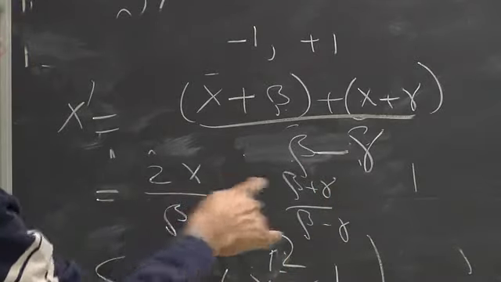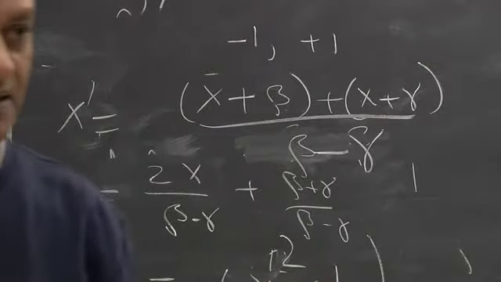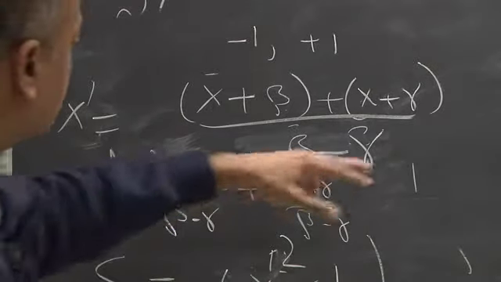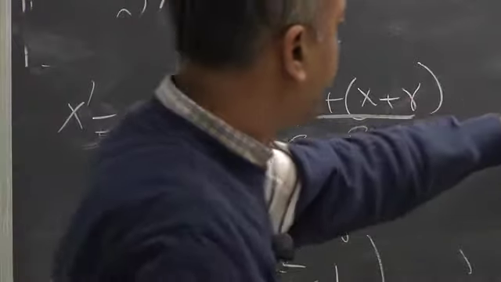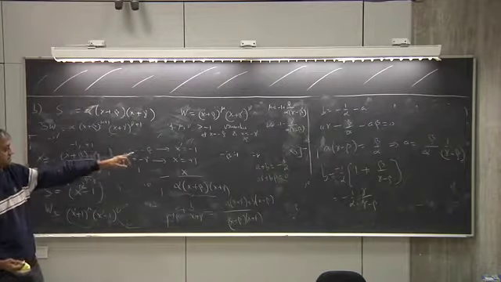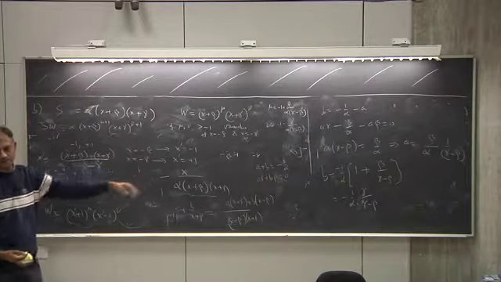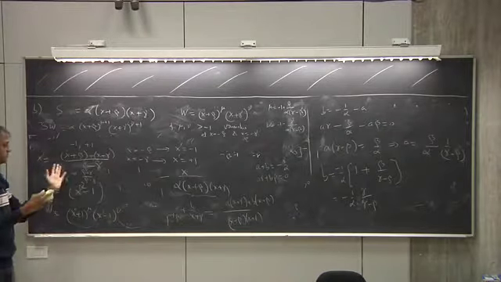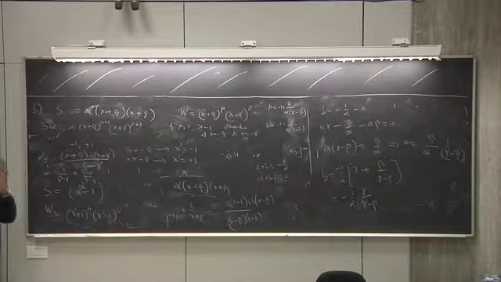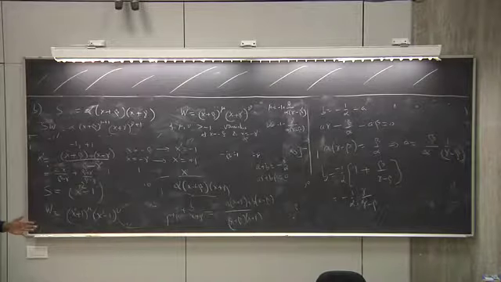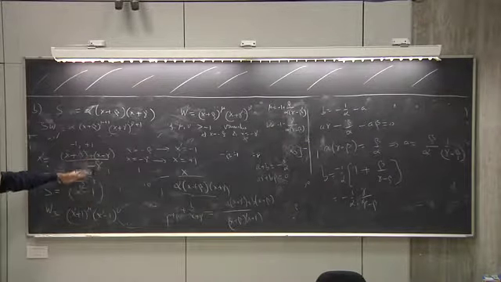So some constant times x plus another constant. With that, explicitly you can see that when x equal to minus beta, x prime is minus 1, and when x equal to minus gamma, x prime is plus 1. So by linear transformation you have brought the interval to minus 1 to plus 1. This is just for convenience. It could be anything, right?